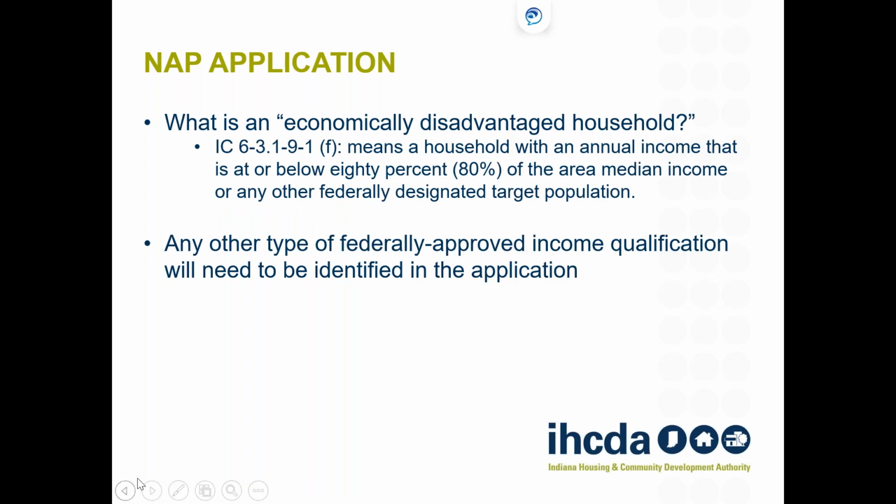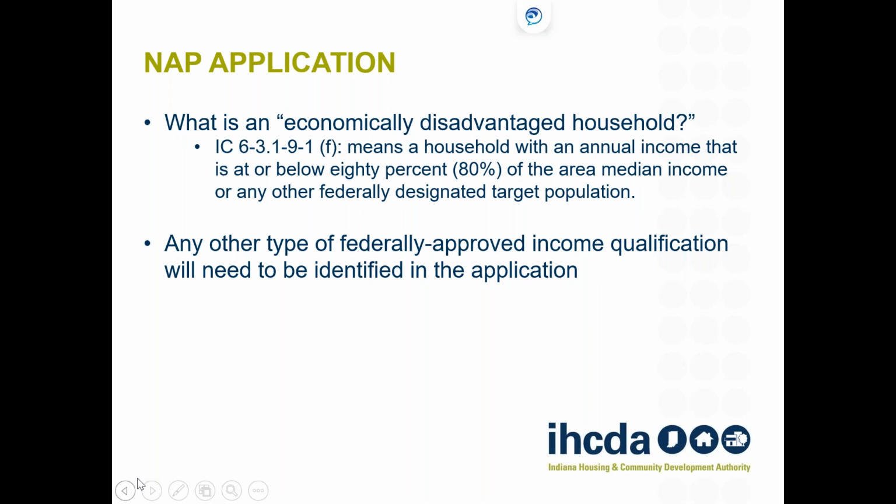And there's a definition for that. According to legislation, it's a household with an annual income at or below 80% AMI or other federally designated target population. Now, in the application and in our manual, we are specifically calling out anyone below 125% of the federal poverty guidelines. And again, we're open to other types of target populations.